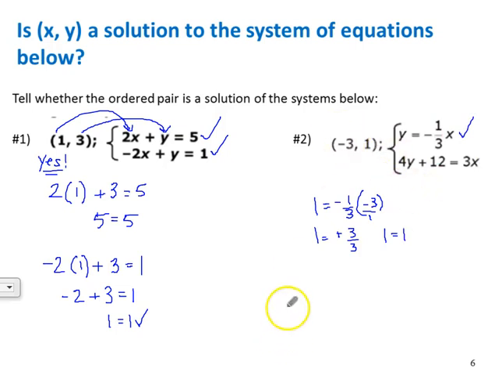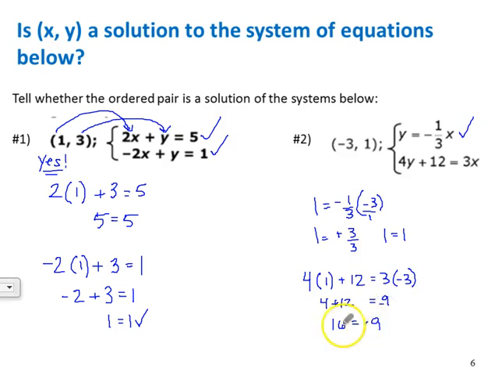What about our second equation? Remember, these have to work for both. So we've got 4 times y, I'm going to plug in 1 for y, plus 12 equals 3 times x. I'm going to plug in negative 3 for x. So I've got 4 times 1 is 4 plus 12. I know that that's 16. And then 3 times negative 3 is negative 9.